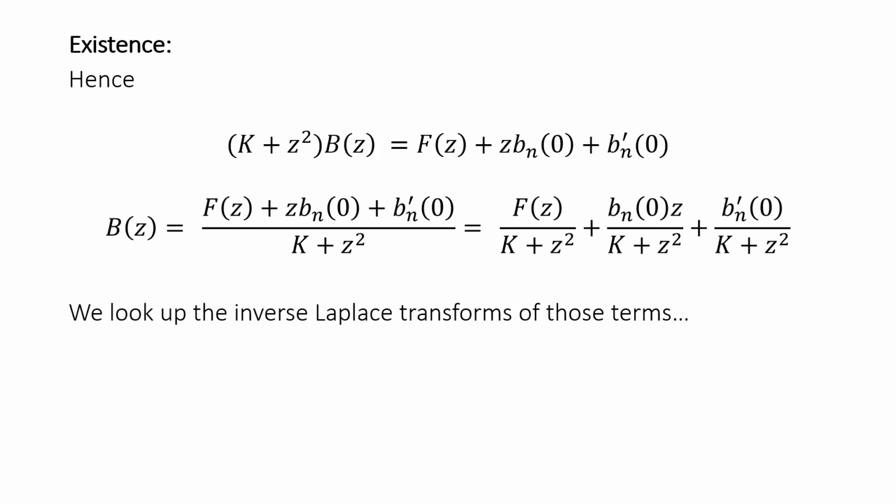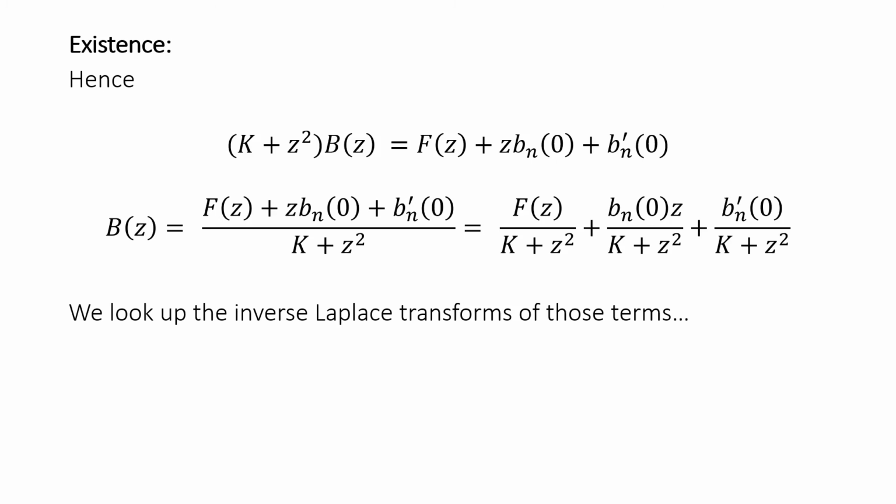Now, to get the coefficient bn, we would like to apply the inverse Laplace transform to both sides of the equation. However, with some other manipulation, we can also just look up the Laplace transform from a table, and that is what we're going to do. So that big fraction can be decomposed into the sum of three simpler fractions.